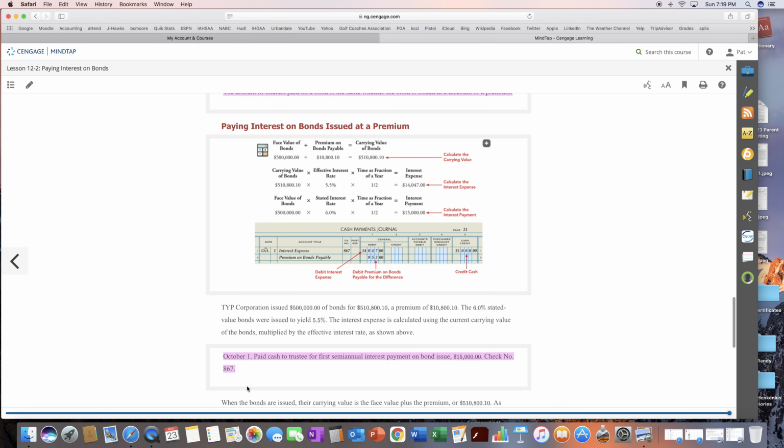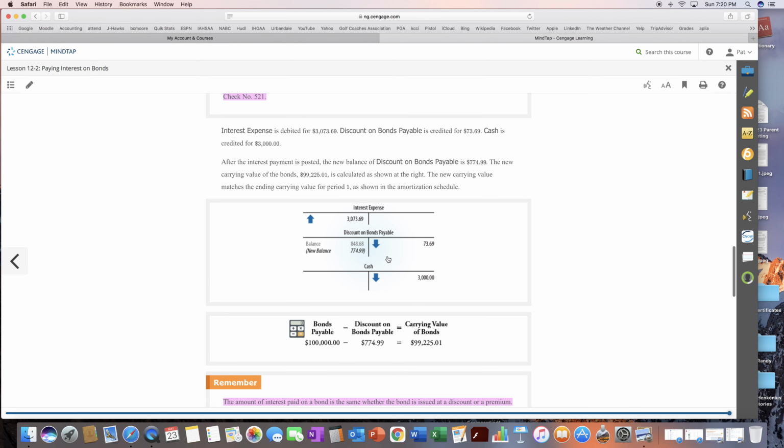And so when we have our transaction, it says paid cash to a trustee for first semi-annual interest payment on a bond, $15,000. So we made our payment of $15,000, so that's our cash credit. Our interest expense is the amount that we found, and the difference is the premium on the bond payable.